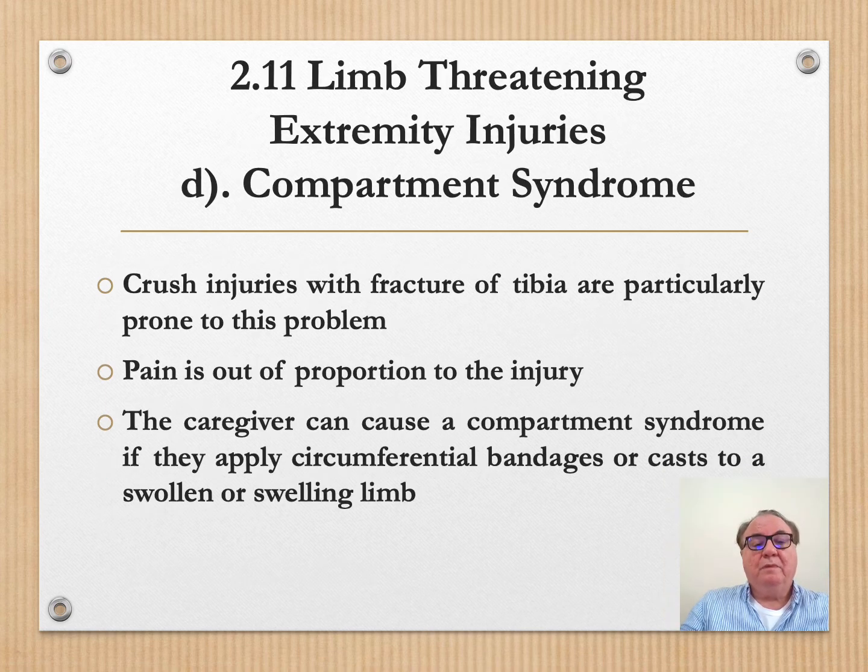Compartment syndrome. Crush injuries with fracture of the tibia are particularly prone to this problem. Pain is out of proportion to the injury. The caregiver can also cause a compartment syndrome if they apply circumferential bandages or casts to a swollen or swelling limb.